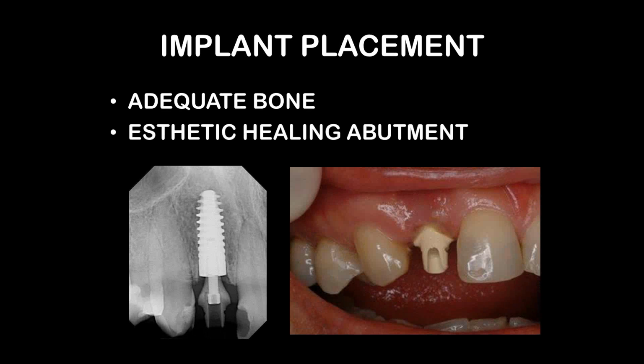The implant was placed, and an aesthetic healing abutment was placed as well. Why an aesthetic healing abutment? Because it's going to look better. A metal healing abutment is not going to be possible to restore in a fashion where the color doesn't show through the provisional restoration.